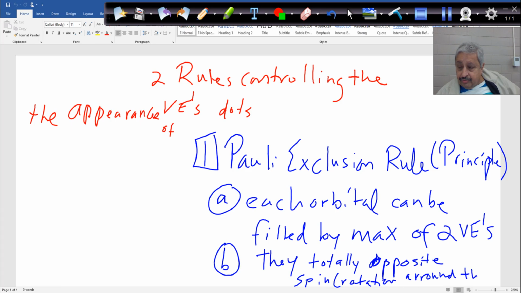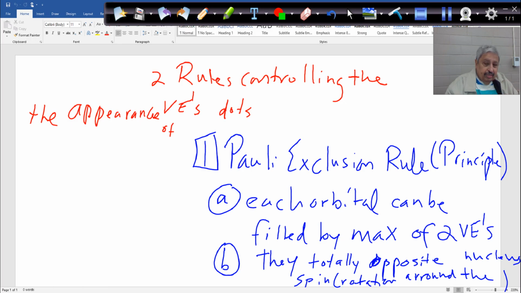Around what? Around the nucleus. Okay, guys, so let's look at this. That's the reason we can't write more than 2 in each orbital.